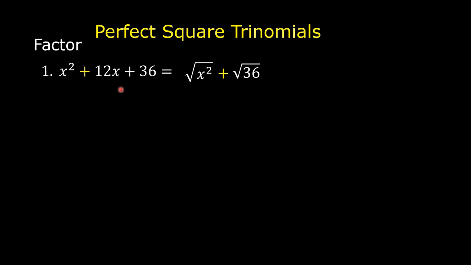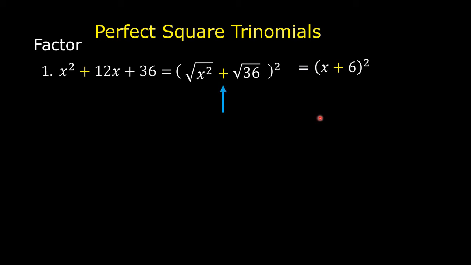If the middle term is positive, this is positive or plus. Then enclose this in parentheses, squared. This is equal to the square root of x squared is x, then plus the square root of 36 is 6, and then close parentheses square.